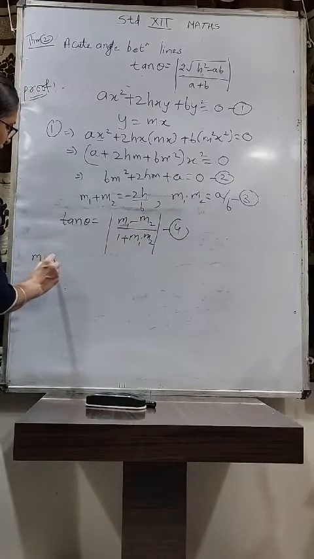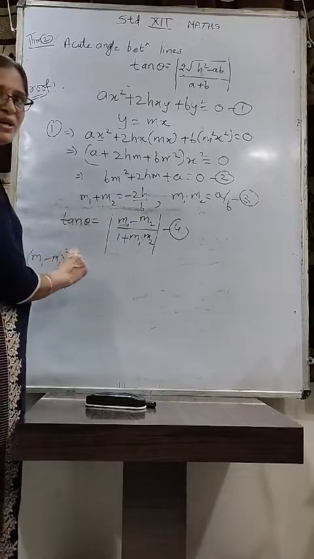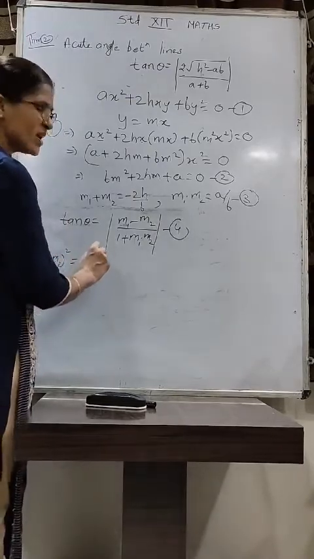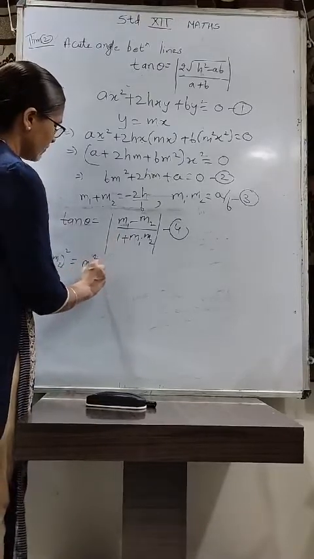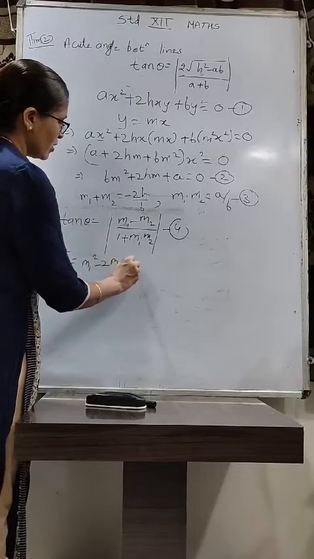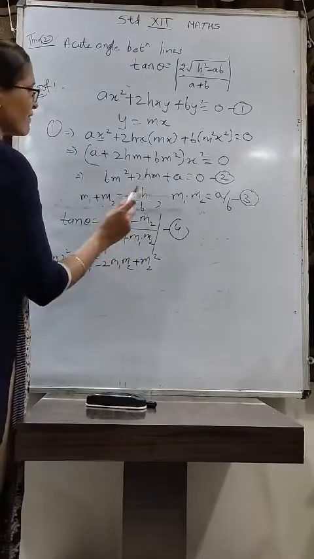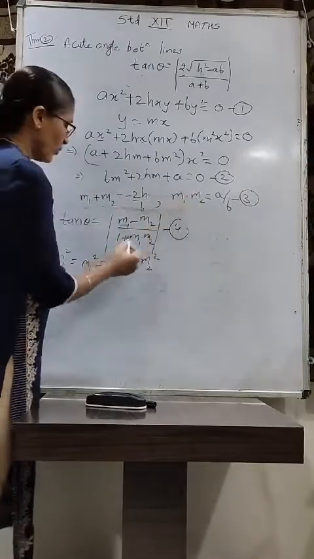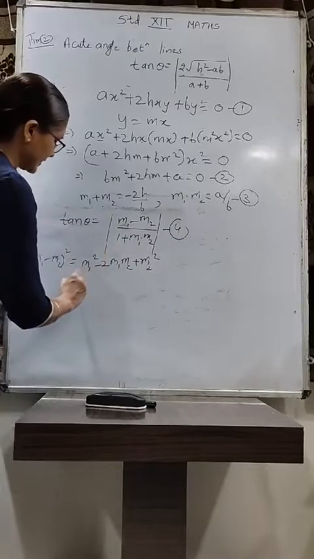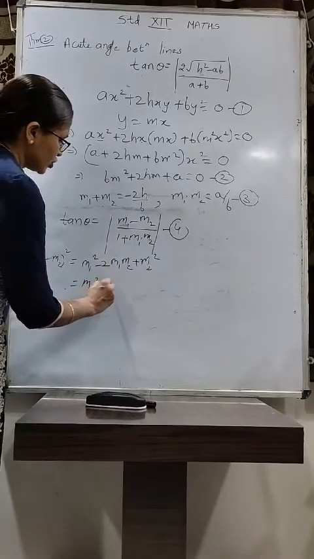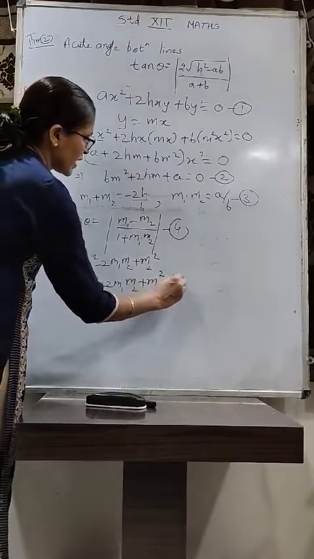Now I will start with m1 minus m2 whole square. Here apply the formula (a minus b) whole square, which means a square minus 2ab plus b square. So (m1 minus m2) whole square means m1 square minus 2m1 m2 plus m2 square. Now we have to adjust this because we have the two terms m1 plus m2 and m1 into m2. The adjustment is like this: m1 square plus 2 m1 m2 plus m2 square minus 4 m1 m2.